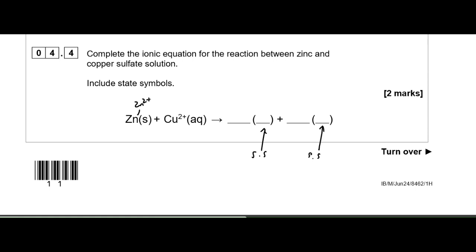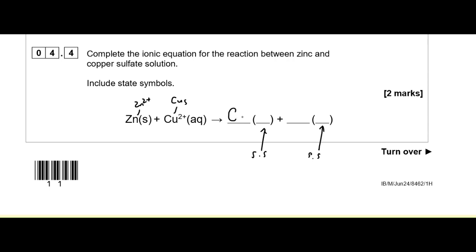And the copper 2+ ion is going to gain said 2 electrons to become copper, Cu solid. So for our first mark, we're going to write Cu(s) for solid. And for our second mark, we're going to write Zn2+(aq). It's 2 marks irrespective of which order you put them in.